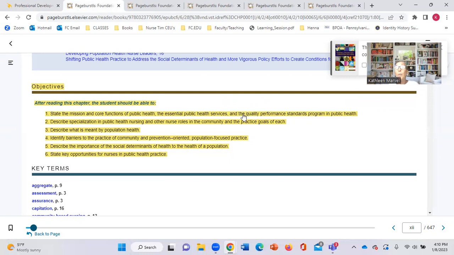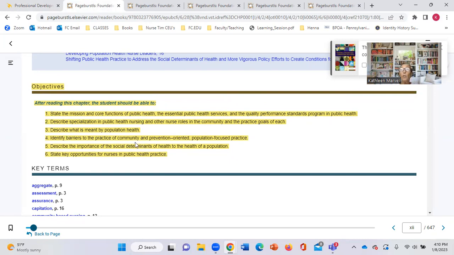Okay, and if you've come to class prepared, and we break out into groups, I may ask each group to answer 1 or 2 of these objectives and then come back to the group and present these. So when you look at the chapter as a whole, obviously you don't need to know every single thing in every chapter, but what will guide you in your studying is these objectives.